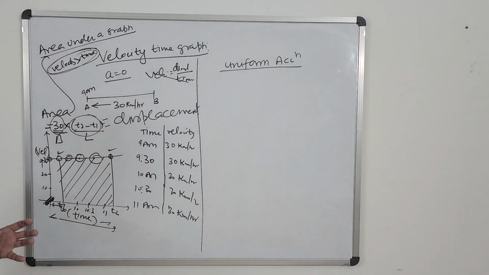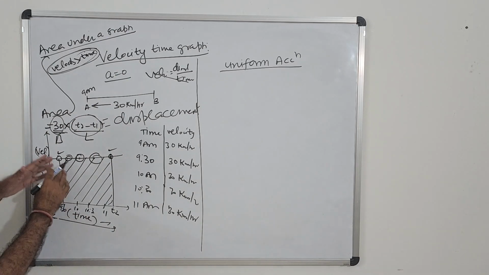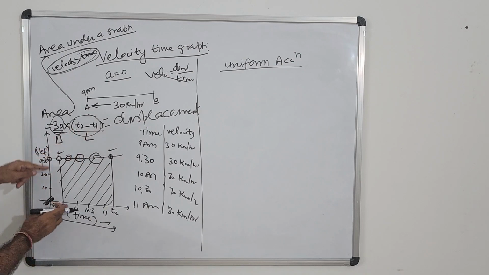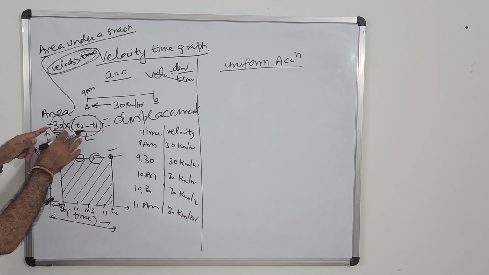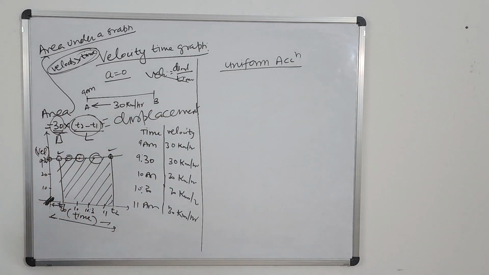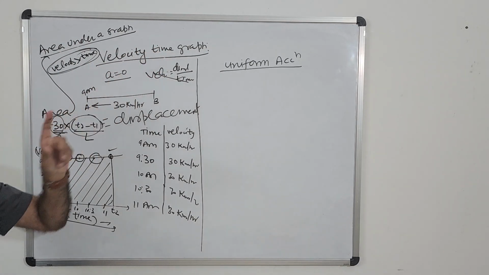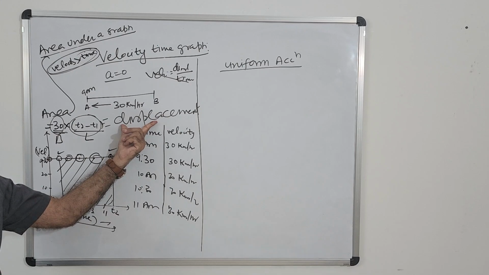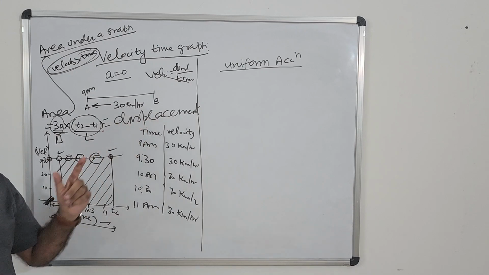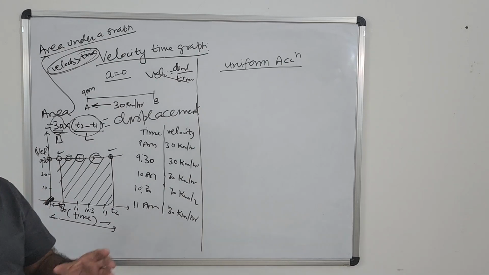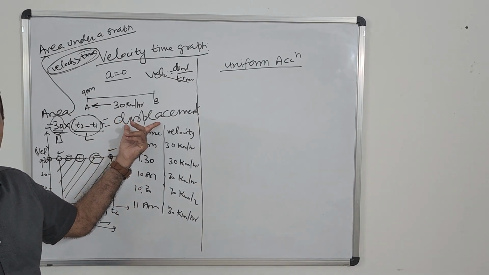So now we have concluded that the area under this curve, which is 30 into T2 minus T1 due to length and breadth, is nothing but magnitude of displacement. So we can conclude that area under a velocity time graph will always give you what? Magnitude of displacement. Remember it. What did I say? Area under a velocity time graph will always give you magnitude of displacement.